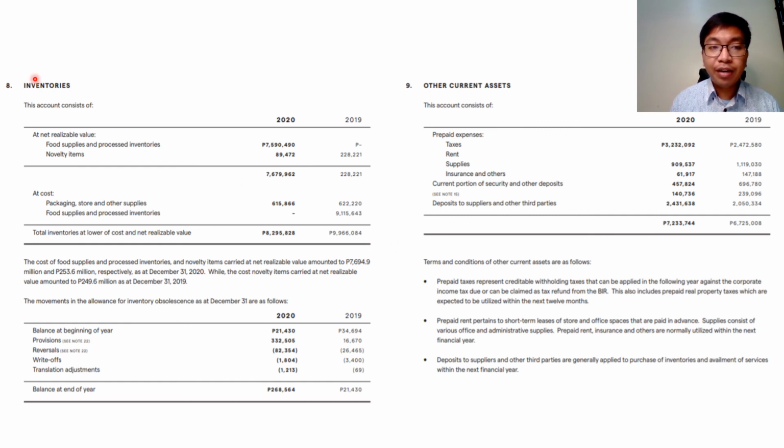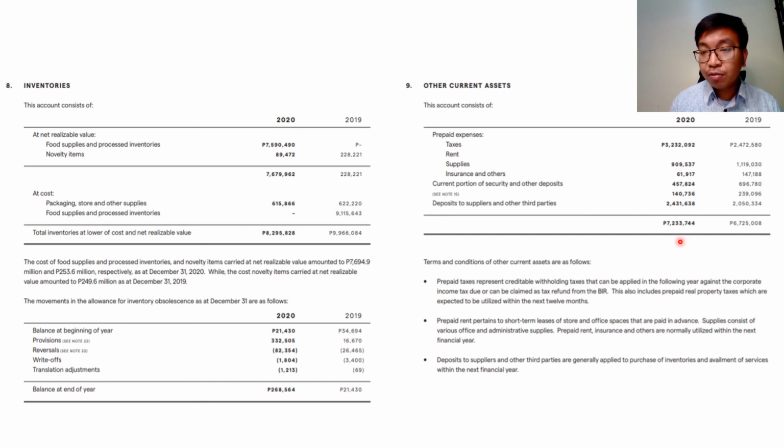So for example, for inventories, we have here the balance at year end. This amount will be the amount that will be presented in the summary in our statement of financial position. Another example is for other current assets.